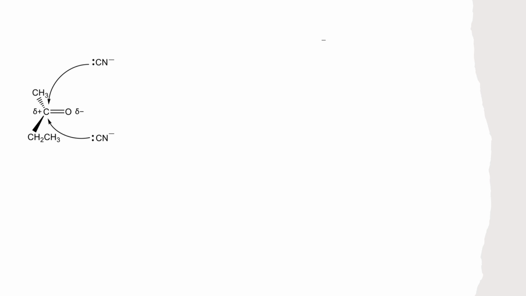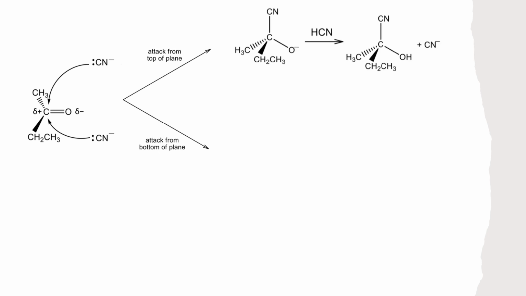Let's look at an example. When the nucleophile attacks the carbonyl center of butanone from the top of the plane, all three groups on the plane will be pushed downward due to electronic repulsion with the new bond pair. This gives rise to one enantiomeric form as the product.